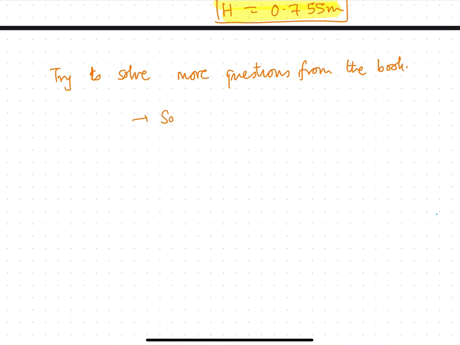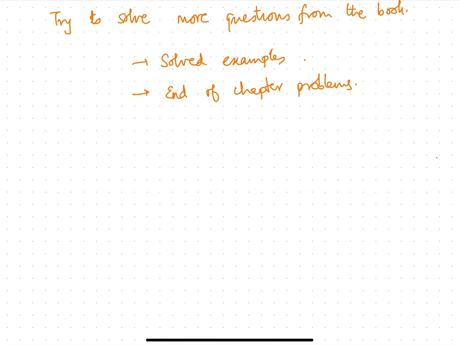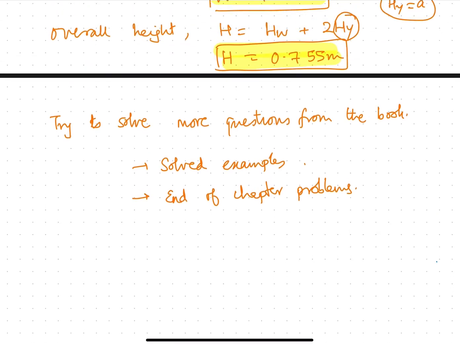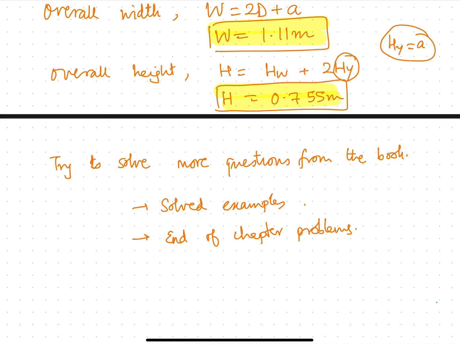You can look at solved examples to get an idea, and you can solve end of chapter problems in the textbooks rather, which I've already mentioned, to get a better understanding of the subject and practice more so that you are able to solve questions whenever they are asked in the examination, and of course at the end to get a better insight at transformer modeling and design.